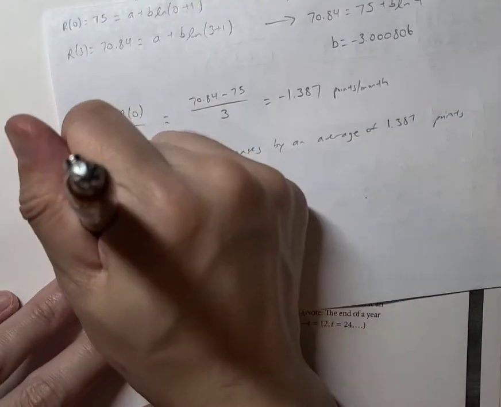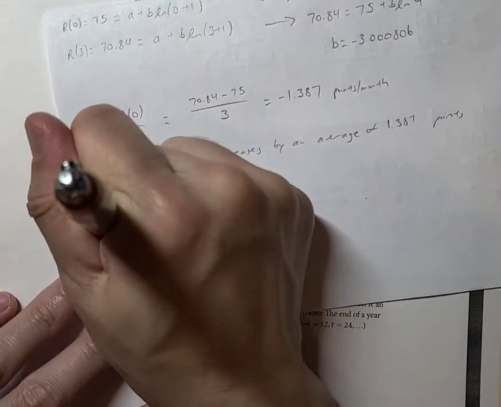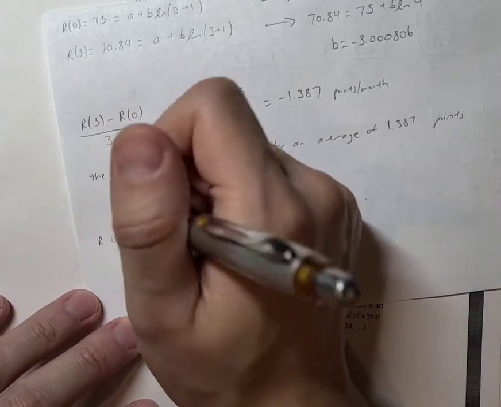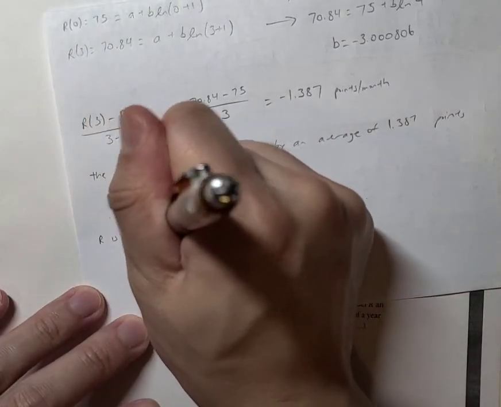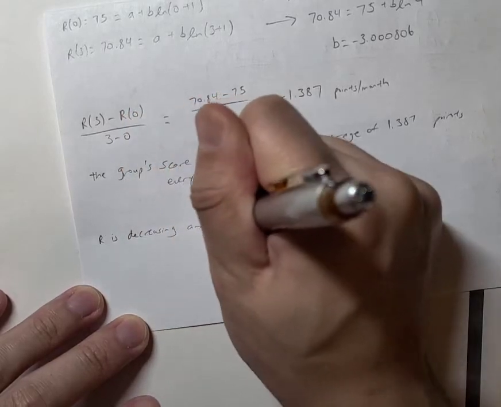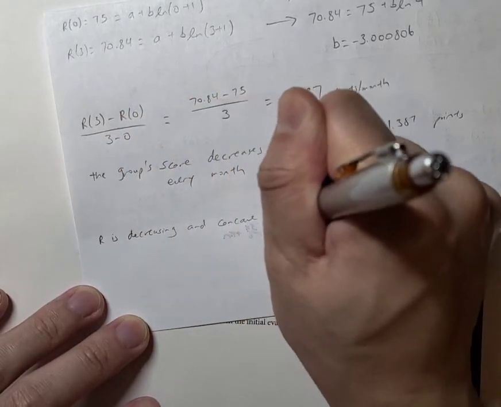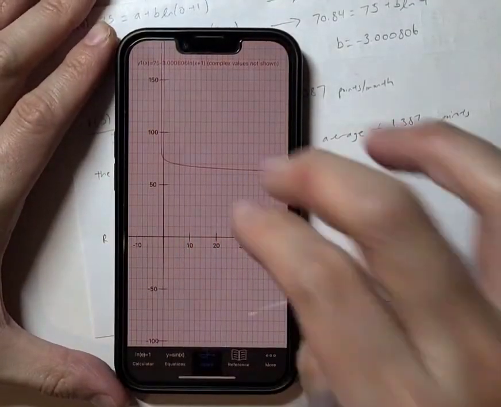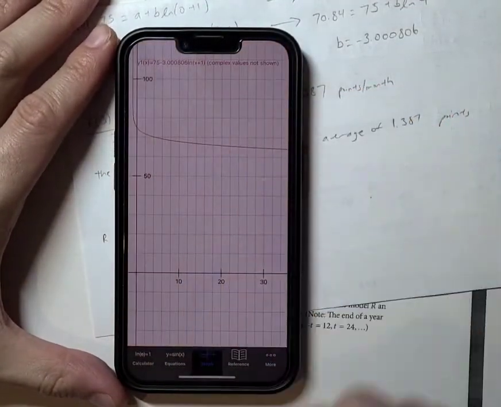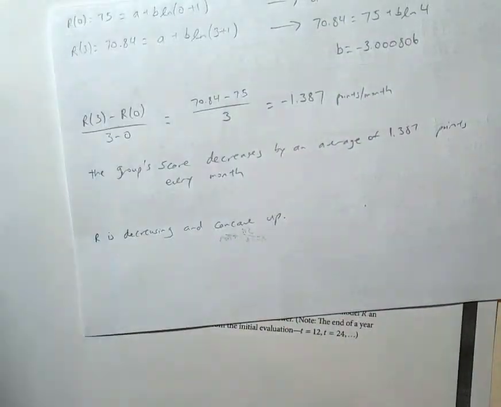We can first say that r is decreasing and concave up, right? It's decreasing, but it's concave up. Let me even zoom in, right? Decreasing, concave up. Why is that important?